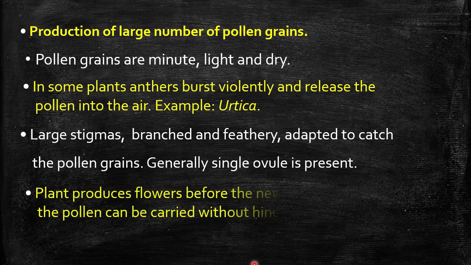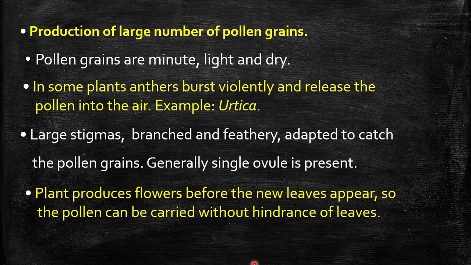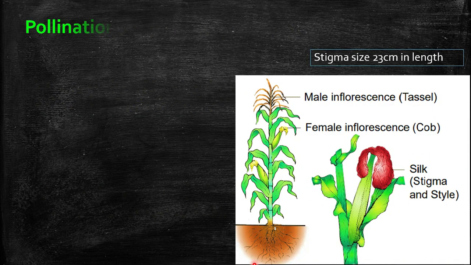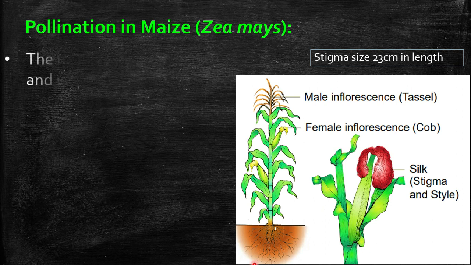Plants produce flowers before the new leaves appear, so the pollen can be carried without hindrance from leaves. Pollination in maize, that is Zea mays. Maize is the common name, and Zea mays is the botanical name. Maize is a monoecious, unisexual plant.